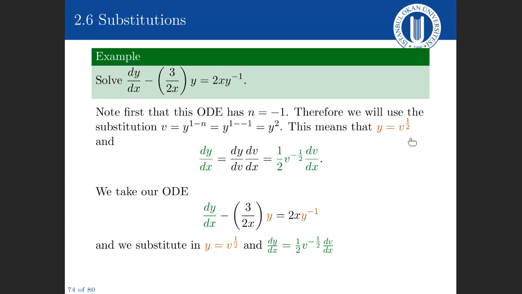Again, I'm going to use the orange substitution. Instead of dy/dx, I'm writing a half v to the power minus half dv/dx, minus 3 over 2x. Instead of y, I'm doing a substitution: v to the power half is equal to 2x, and then instead of y to the power minus 1, we write v to the power minus a half.